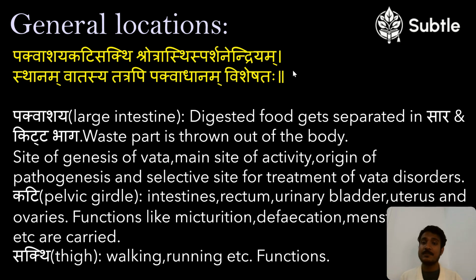Asthi. Asthi is the special seat of Vata. You will be studying about Ashraya Ashrayi Bhava in coming classes. In that you will be able to understand in detail about the Asthi and Vata relationship. For now you just understand that in Asthi, the bones, Vata also resides.